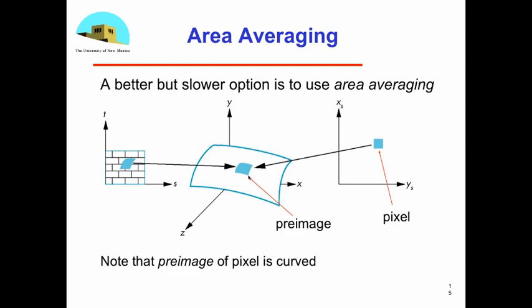Now I could, at least in principle, map that backwards and say that maps to a little curved area in the texture, and I could now do something like sample this multiple times or integrate over this little area to get a better value for the texture, which I could then take forward back to the object space and then on to a color for the pixel.